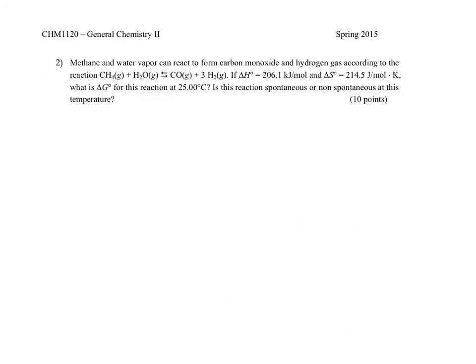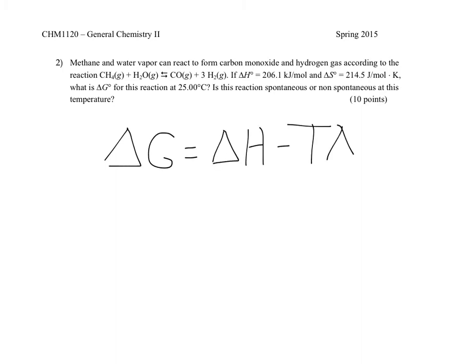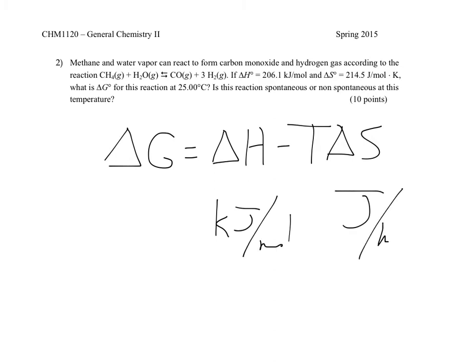This problem with the carbon monoxide and hydrogen gas, that's really just a plug and chug problem using this equation. Okay, the biggest part of the issue here was that delta H is in kilojoules per mole, delta S is in joules per mole Kelvin. You need to change the temperature to Kelvin.